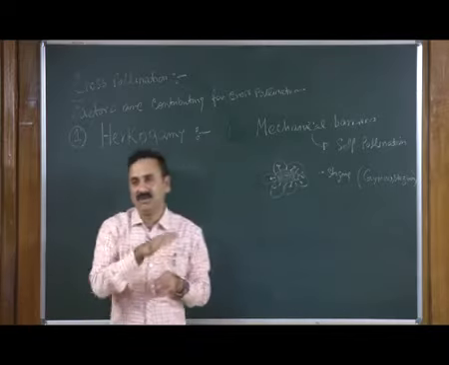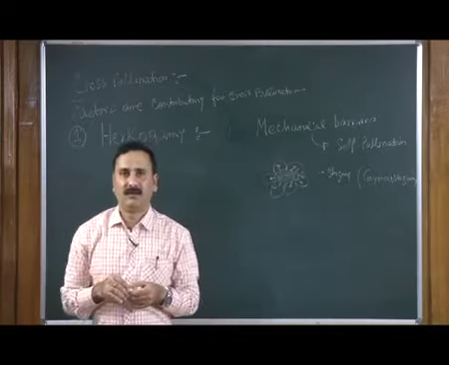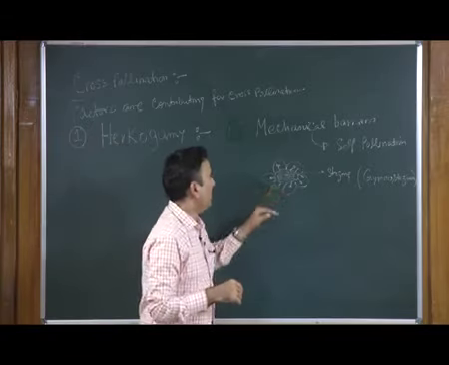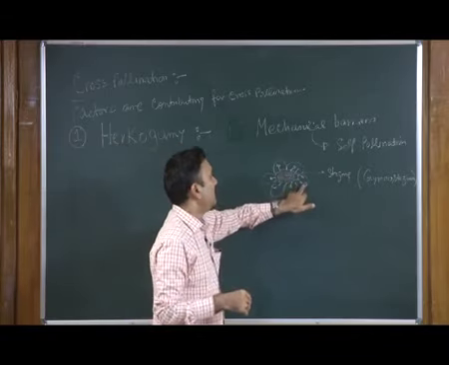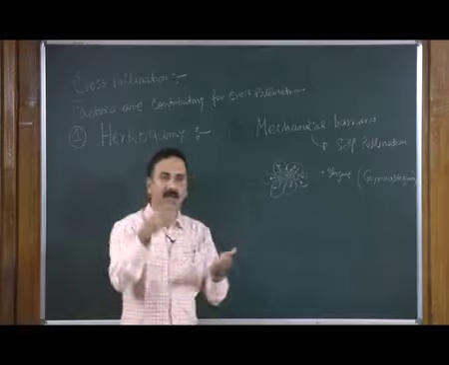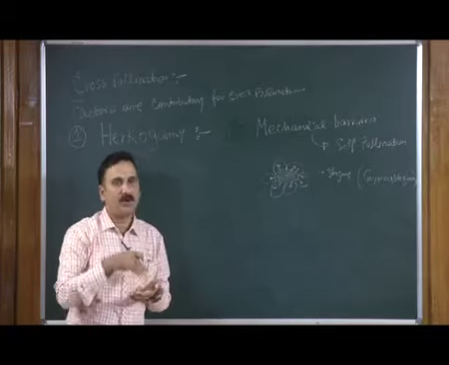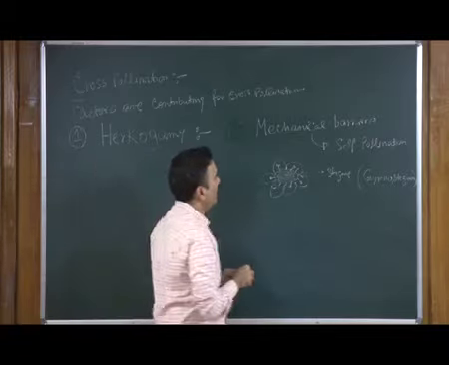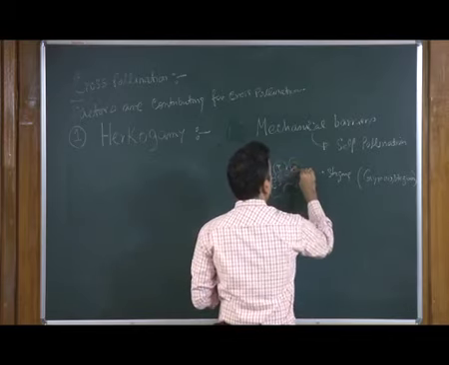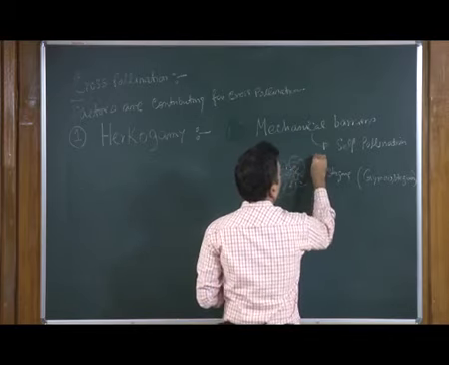If the gymnostegium covers the stigma, it will not facilitate the entry of the pollen grain into the stigma, and it will not allow fertilization. Similarly, in some cases a membranous sheet also covers the pollen grains.